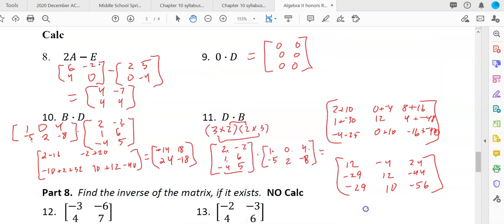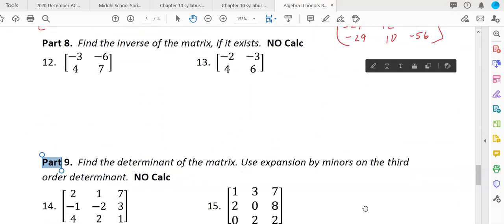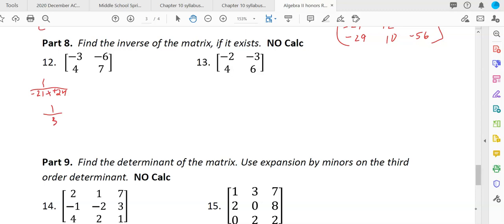Okay, find the inverse, if it exists, of the matrices. Okay, so this is just that formula. It's 1 over the determinant times that mixed up matrix. So 1 over the determinant would be 1 over, let's see, negative 21 minus negative 24, so plus 24, so it's 1 over 3.